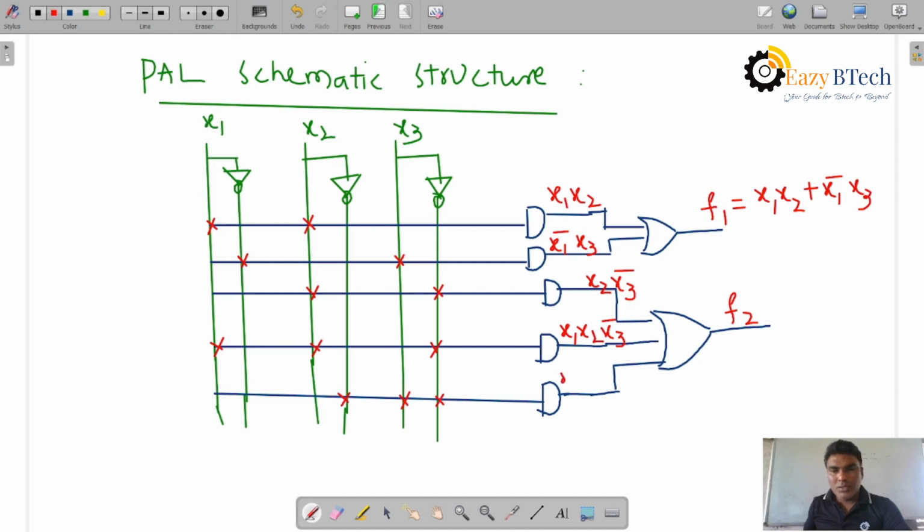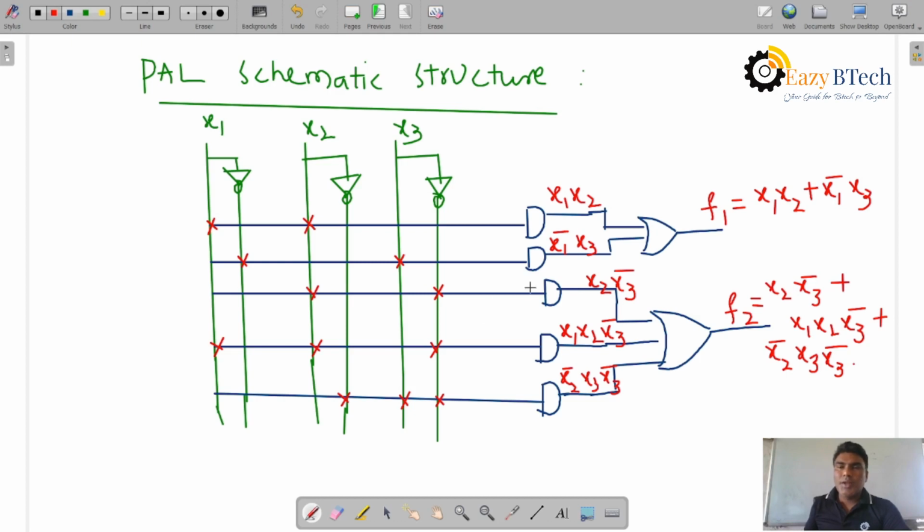So function f2 is x2 x3 complement plus x1 x2 x3 complement plus x2 complement x3 x3 complement.